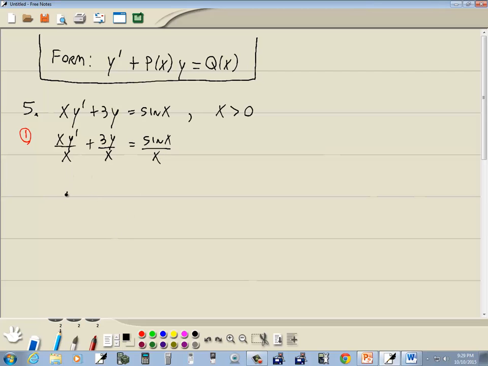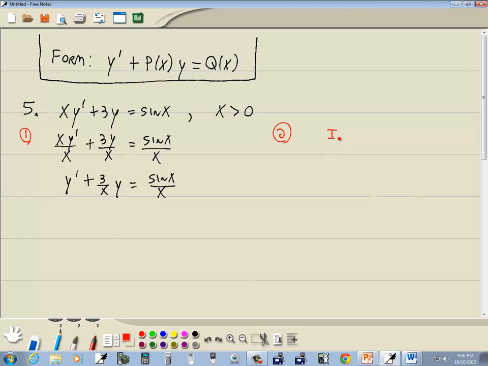So the x's cancel, we got y prime plus 3 over x, and then I'll put the y to the side, equals sine x over x. Now it's in the right form. We got y prime by itself, nothing in front of it. We got the y over here too with something in front of it, and then the rest of it over here on this side.